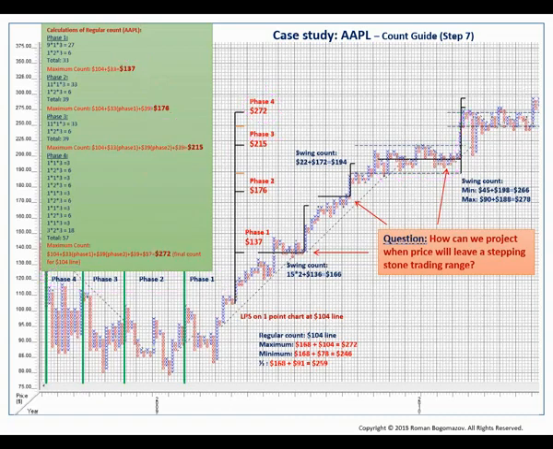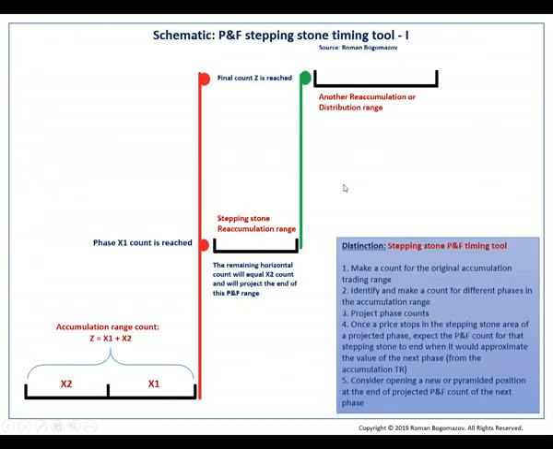And let's just quickly go to the next slide. This is a hypothetical example right here. So let's imagine that we have a trading range that has two phases, X1 and X2. The count for the whole trading range has an objective Z right here. And then phase 1, X1, has a low objective right here.